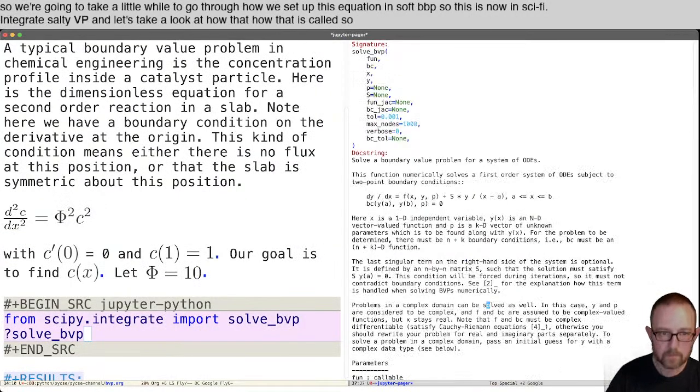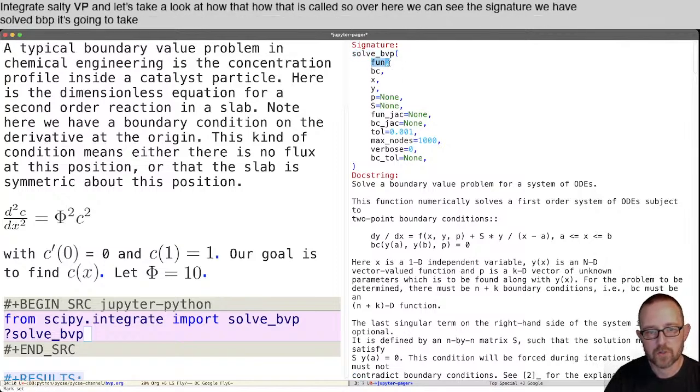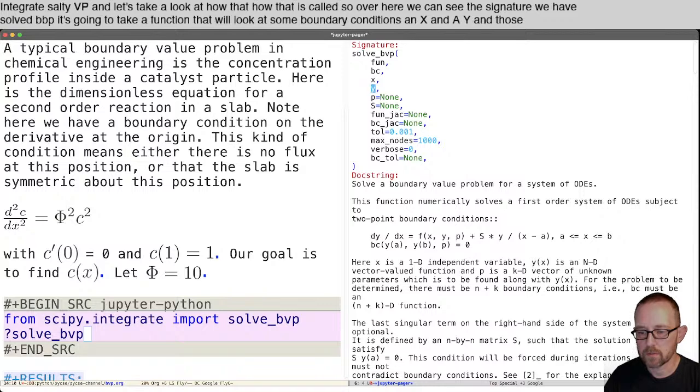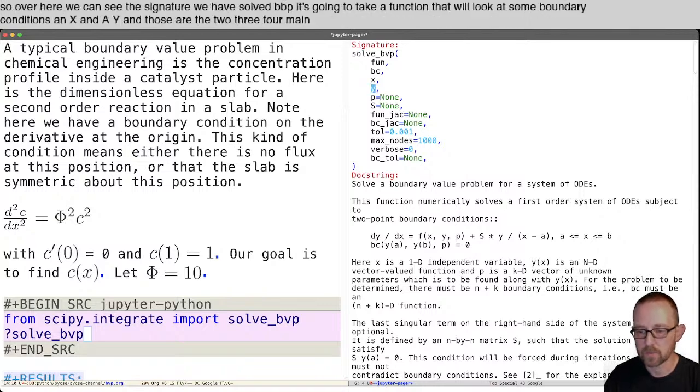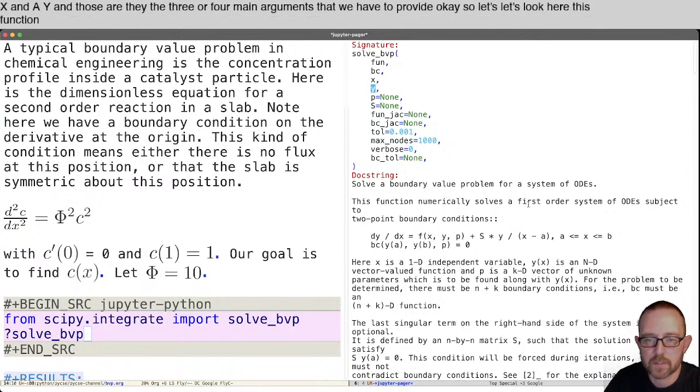So over here we can see the signature. We have solve_bvp. It's going to take a function that we'll look at, some boundary conditions, an x and a y, and those are the 3 or 4 main arguments that we have to provide. Okay. So let's look here. This function solves a first order system of ODEs subject to some boundary conditions.